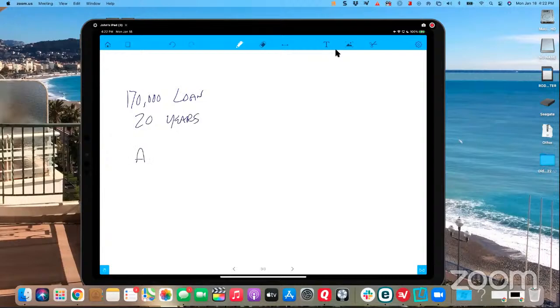And the annual insurance is $2,000. And the semi-annual taxes are $1,200.